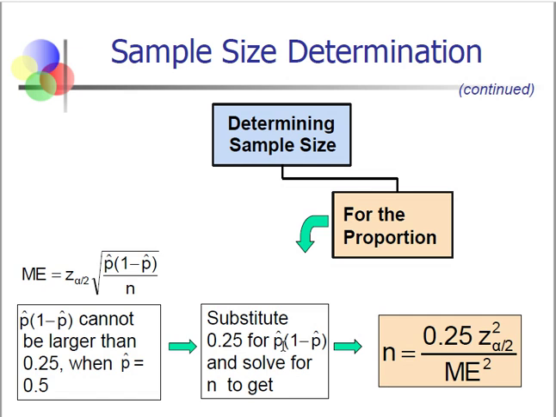We assume that 0.25 is what maximizes the statement p hat multiplied by 1 minus p hat.